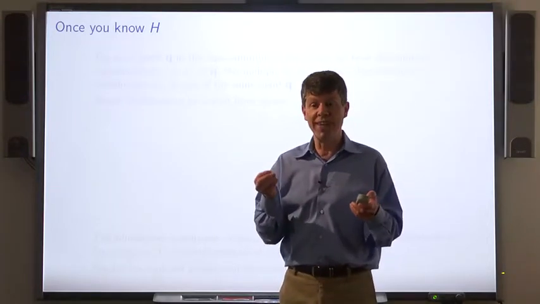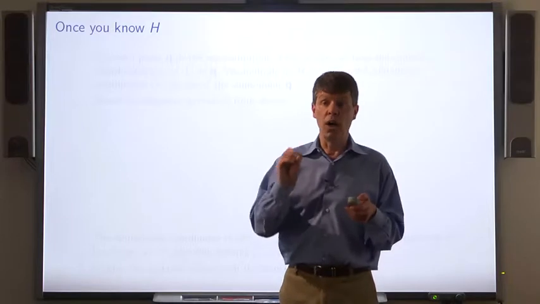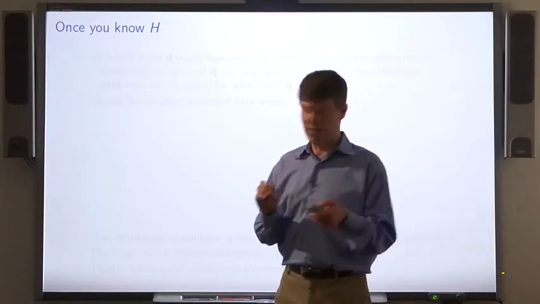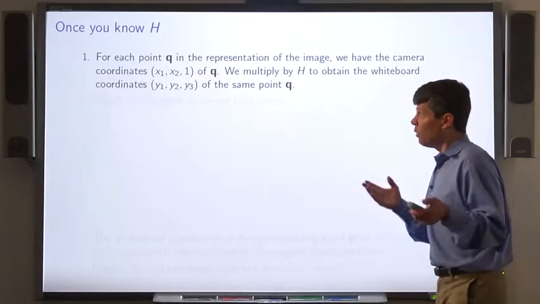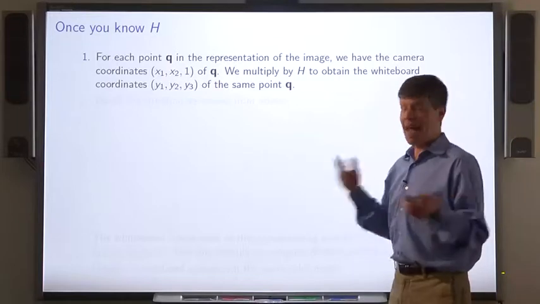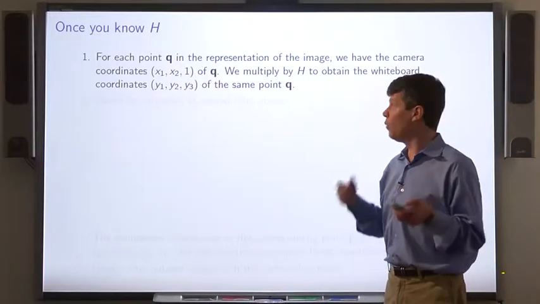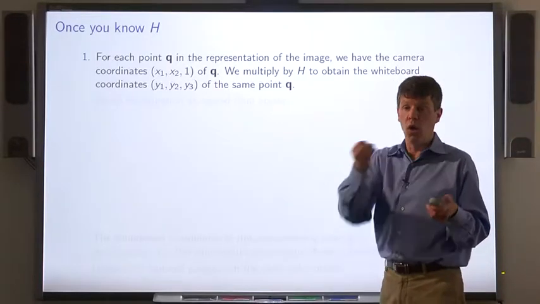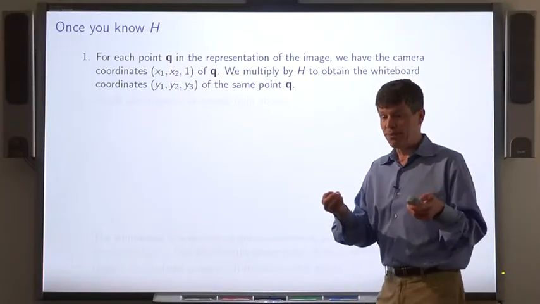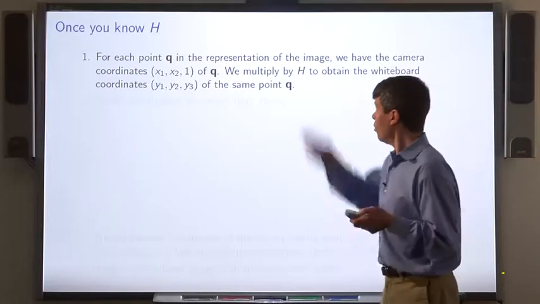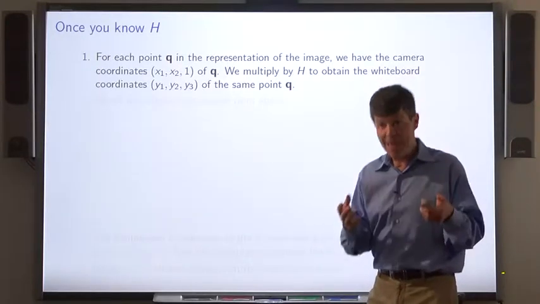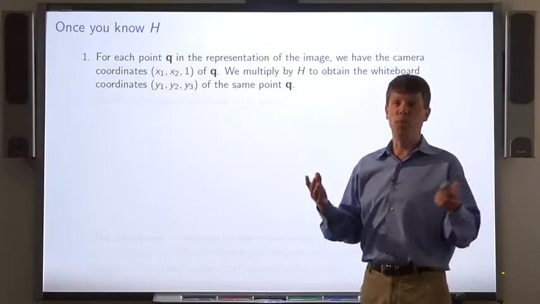What we want to do is find out the corresponding points in the whiteboard coordinate system. So we start with a point Q in the representation of the image, and we have its camera coordinates. We know what pixels it corresponds to. Take each point, each corner of a pixel, multiply it by H to get the representation of the same point with respect to the whiteboard coordinates.